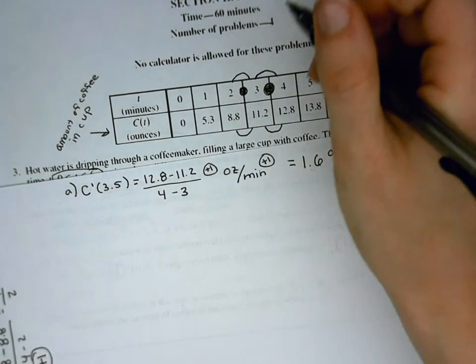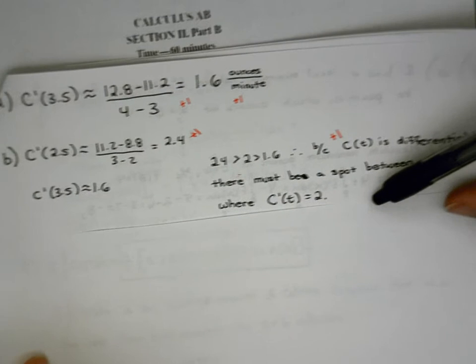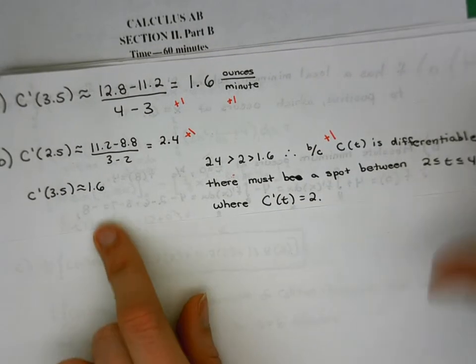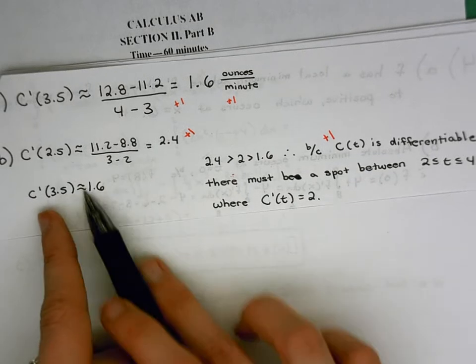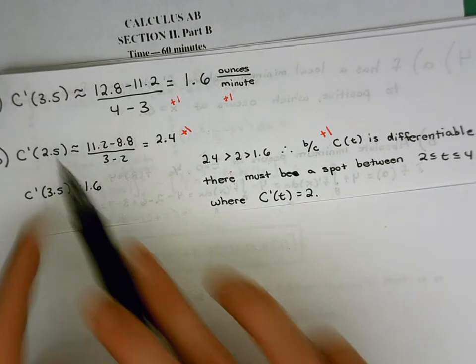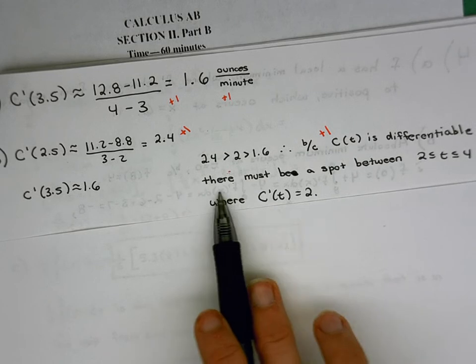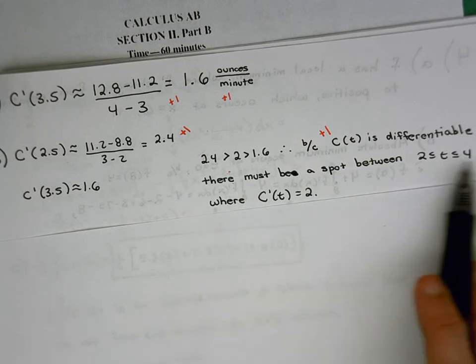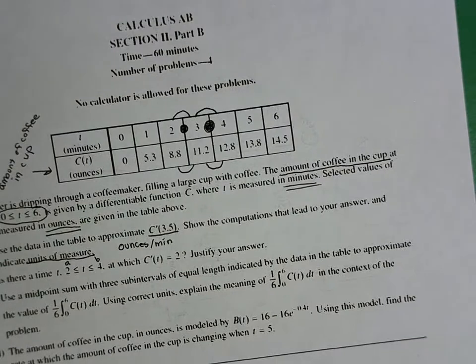And when I approximated that one, I got 2.4. And so then I used IVT when I was solving this one. 2 is between 2.4 and 1.6, which are the approximations of C prime. And since C is a differentiable function, there must be a spot between 2 and 4 where C prime equals 2. IVT, like what we used on the train one in 2014A, or 2014B, sorry.